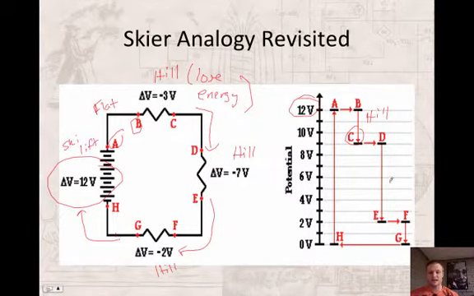And then D to E, they hit a hill, and so they lose energy. And then E to F is flat, and then F to G, they hit another hill, and they lose more energy. So I don't know if this skier analogy is useful to you, but then again, here's the ski lift. They come back, and they repeat the process. It just keeps going over and over again. So look at resistors as a way of basically eating up energy or using energy, and they call that a voltage drop.